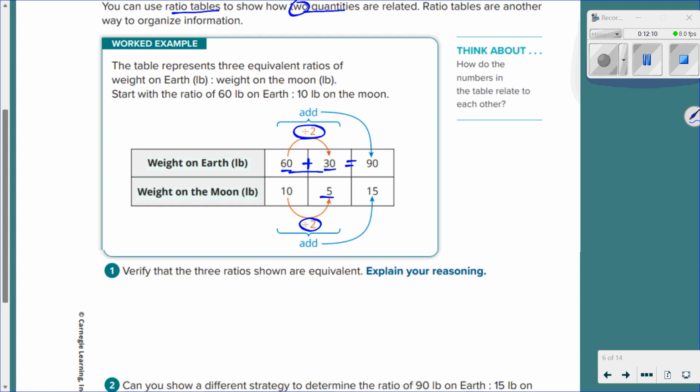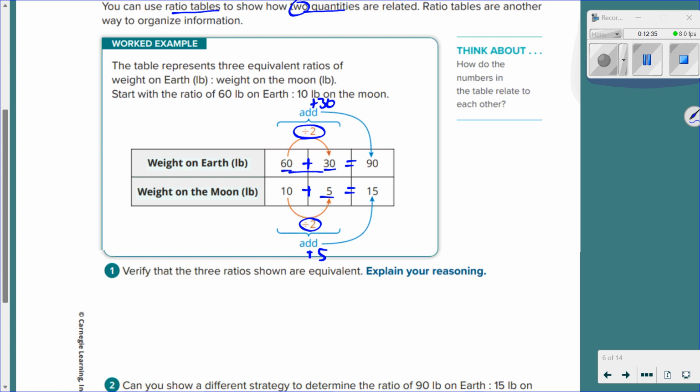On the bottom one, now my numbers are 10 and 5. So if I add those together, I get 15. So did we add the same number? No, because up here I added 30, yes. Down here I added 5. I used different numbers. Does that seem wrong?